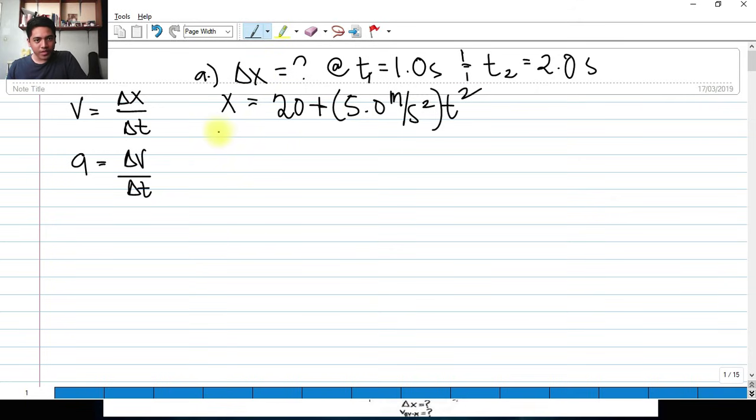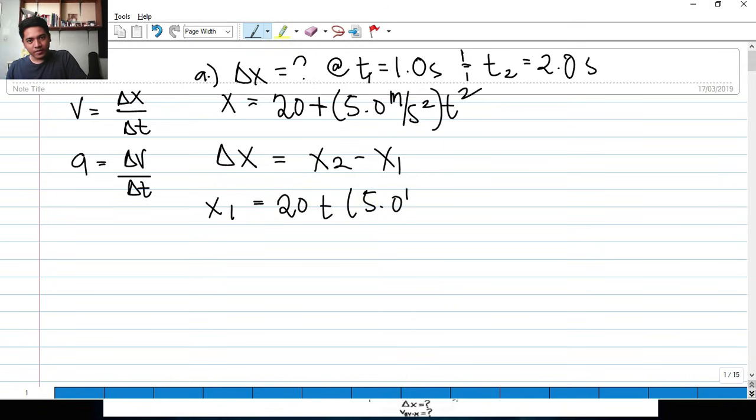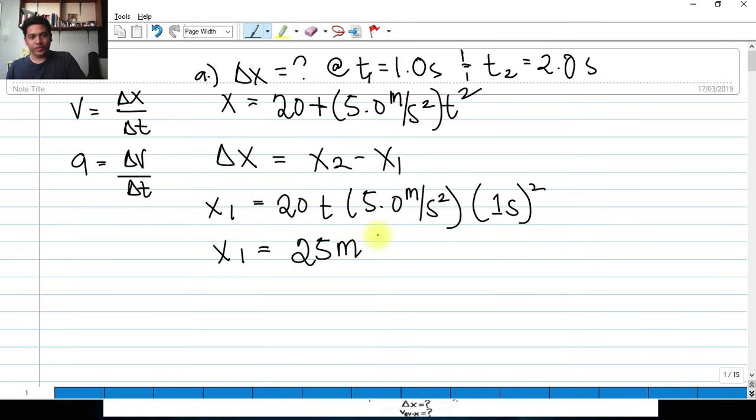The displacement, delta x, is basically x2 minus x1. So we need to find x1, which is 20 plus 5.0 meters per second squared times the time, 1 second squared. So obviously, that would be 25 meters.